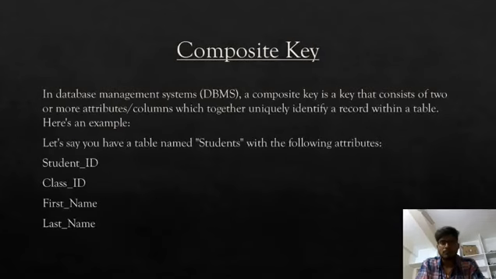Then we move on to the final key, the composite key. In a database management system, a composite key consists of many attributes that together uniquely identify a record within a table. That is, if a student entity has many uniquely identifying attributes, then it is known as the composite key of the table.